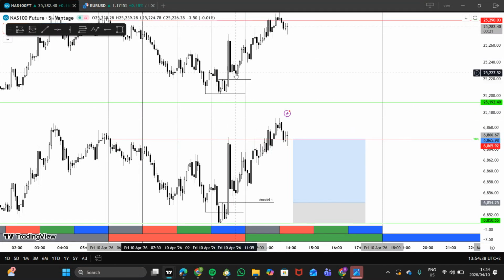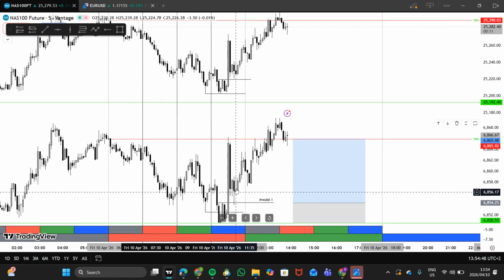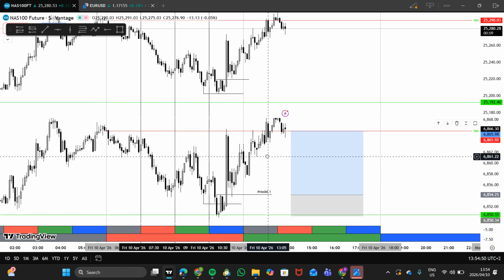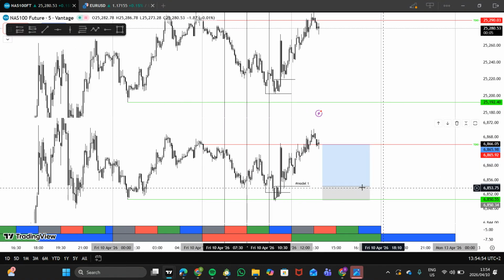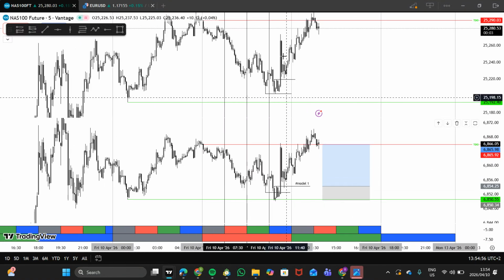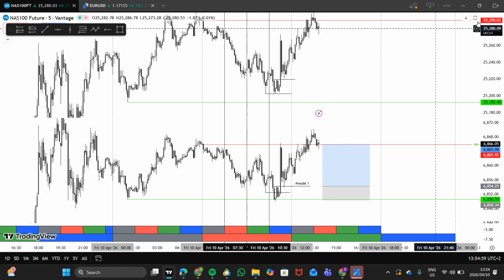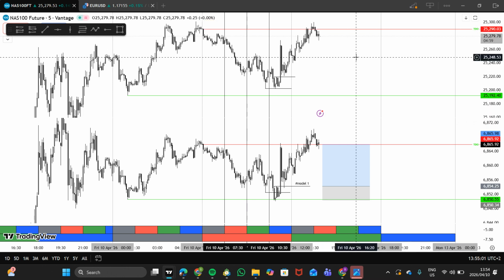Plus, we had a precision swing point, which was this candle over here. I won't be going deep into those things right now, but just an overview of how I went about and took my trades today.